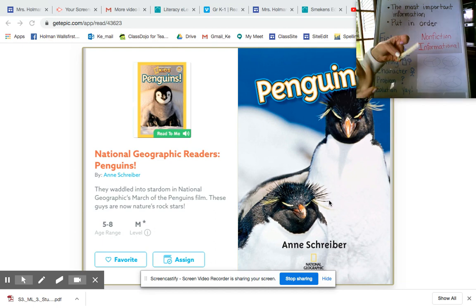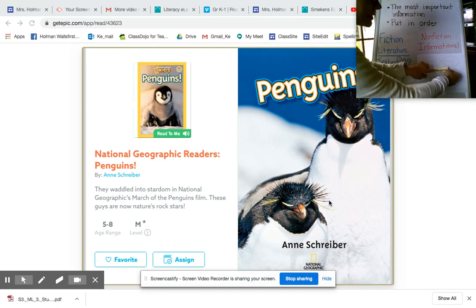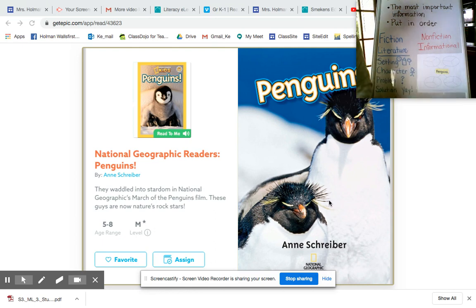So my topic, which is penguins, is going to go in the center of my web. And this actual web is going to be on our reading lessons page so that you can use it and maybe print it off if you have a printer. If not, you could always draw this web to help you retell a nonfiction story.